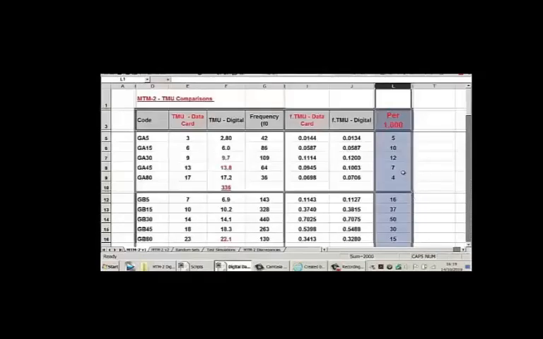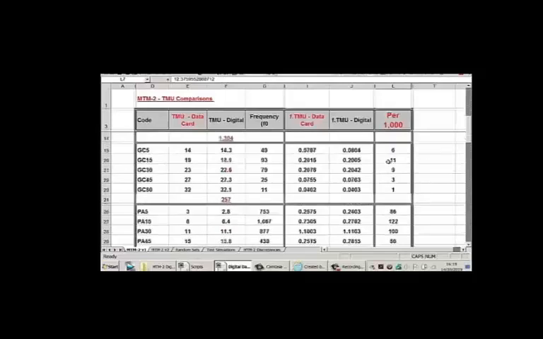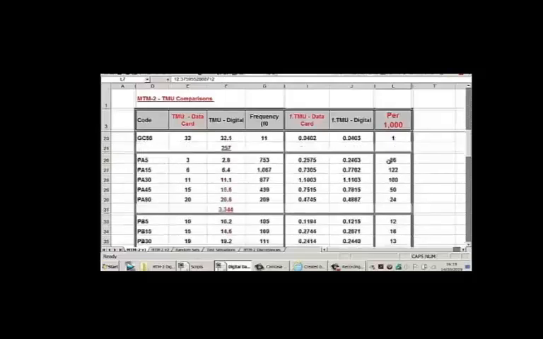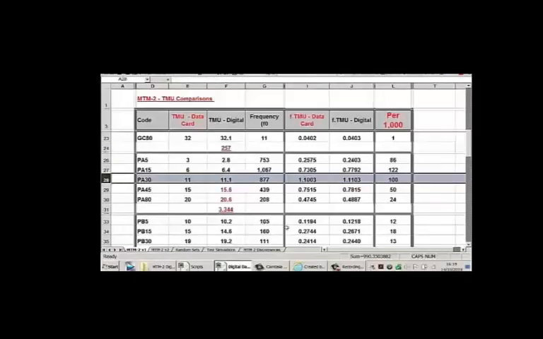For example, if we scroll down the sheet, pick up, let's say, PA30, that is 100 motions per 1,000, or 10% of all the motions within the project report.